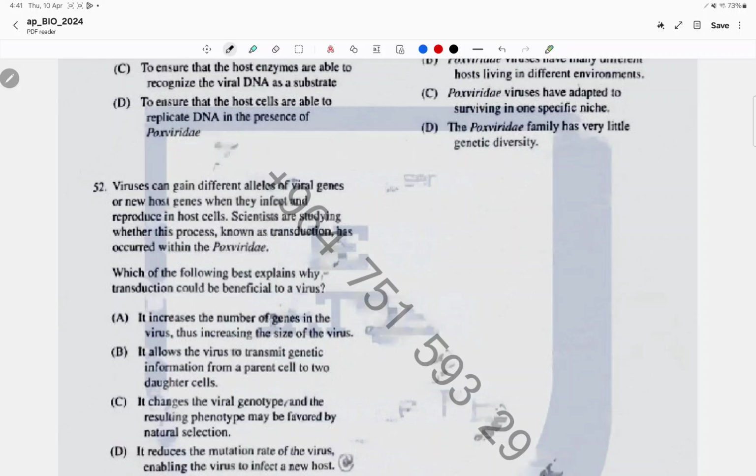Well, it's able to gain different alleles of viral genomes. And of course, that would result in more diversity, right? And more diversity means more room for natural selection to work on something. So it is C.